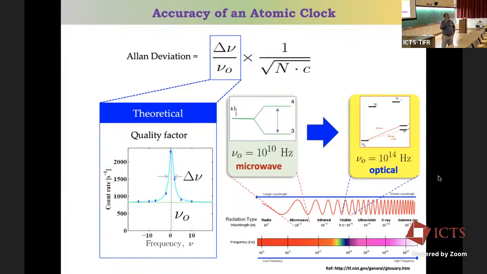And since this nu zero comes into the denominator, your Allan deviation or the Q factor of the clock increases by several orders of magnitude by going to higher frequency. Or, as in my first definition without any analytical formula, if an oscillator is oscillating very fast, then if you miss one count, you have a better chance to make a more accurate clock.